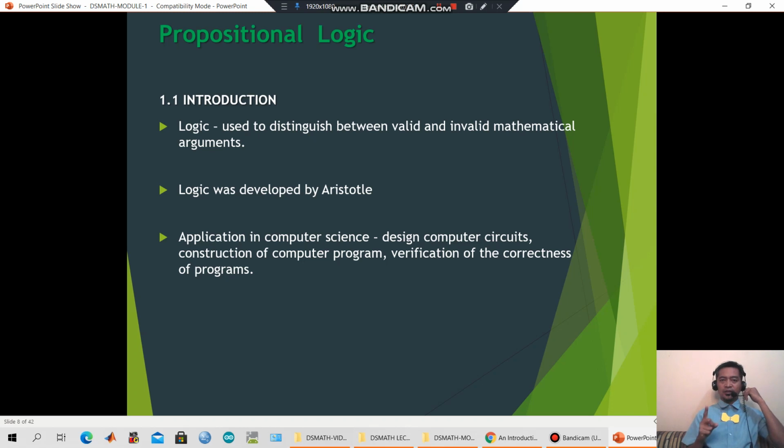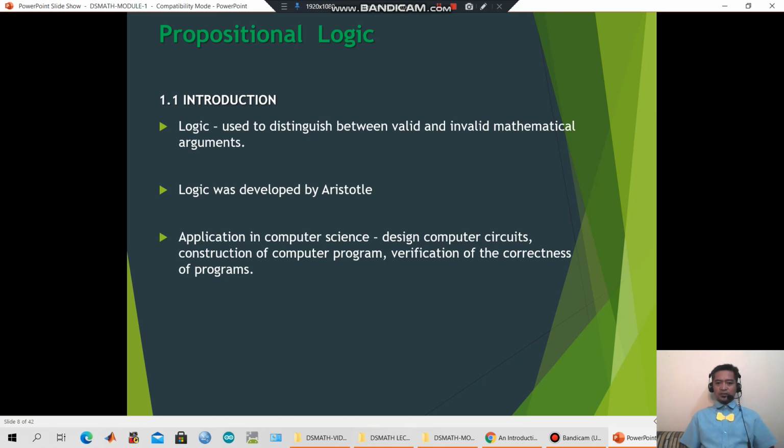Actually, one of the developers of this logic, sa pag-derive ng algebraic expression at pag-simplify nito, was George Boole. Logic din ang gamit doon. So, discrete math pa rin.